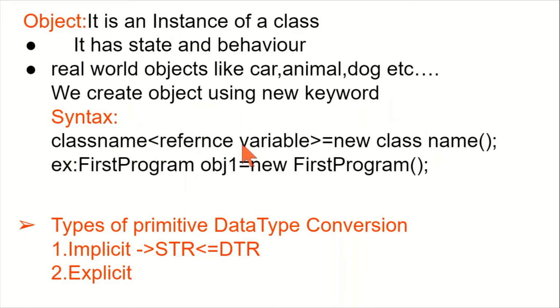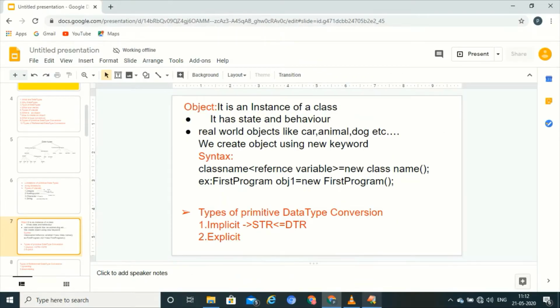Syntax is class name and the reference variable equals new class name. For example, FirstProgram is the class name, obj1 is a reference variable, new is a keyword, and the program name is the class name.